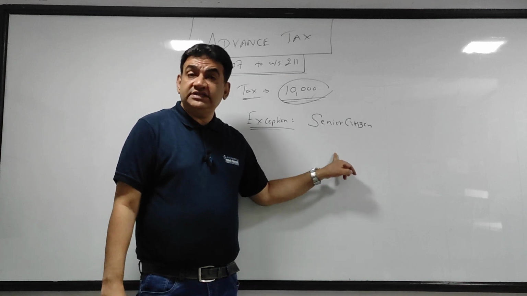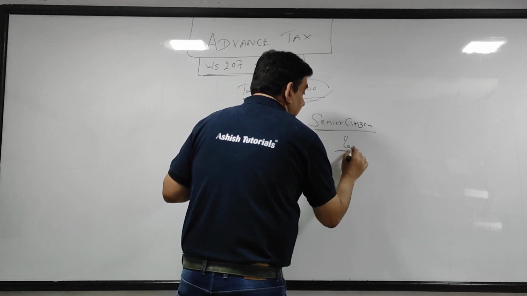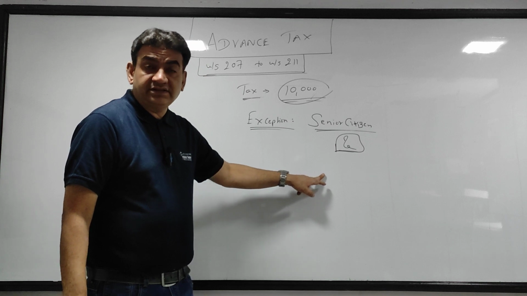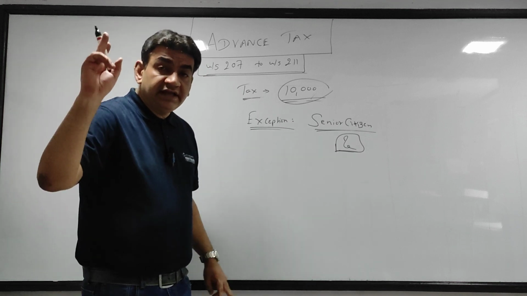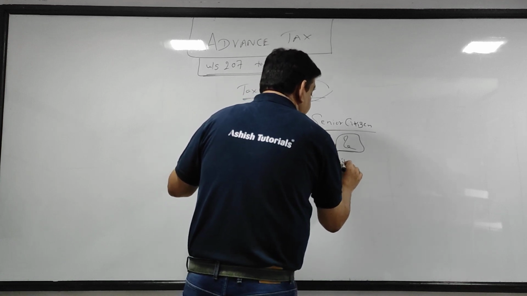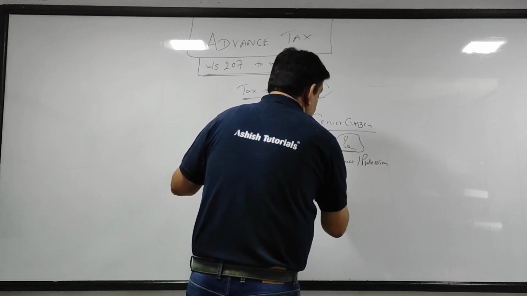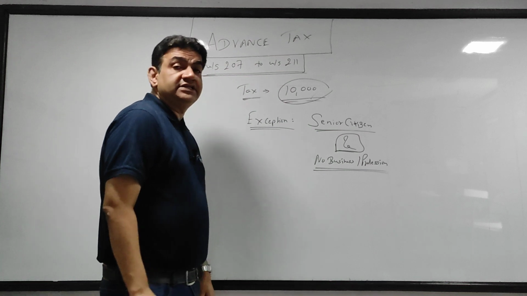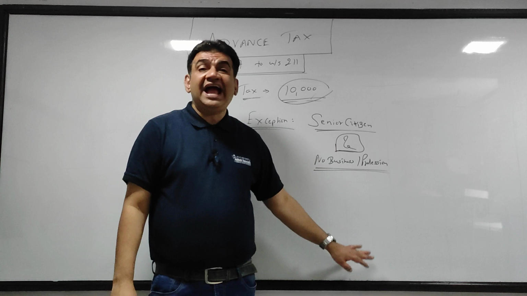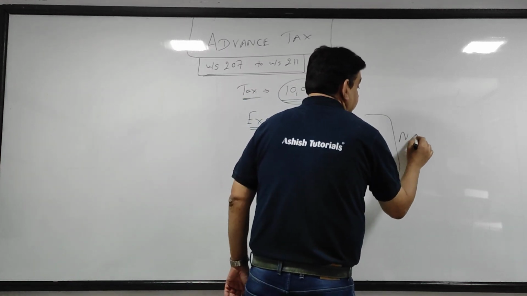If you are a senior citizen, and remember, this is and, meaning both together. And what and? If you are a senior citizen and you don't have any income from business profession, that is, if you are a person above the age of 60 years and you don't have any income from business profession, then there is an exception.